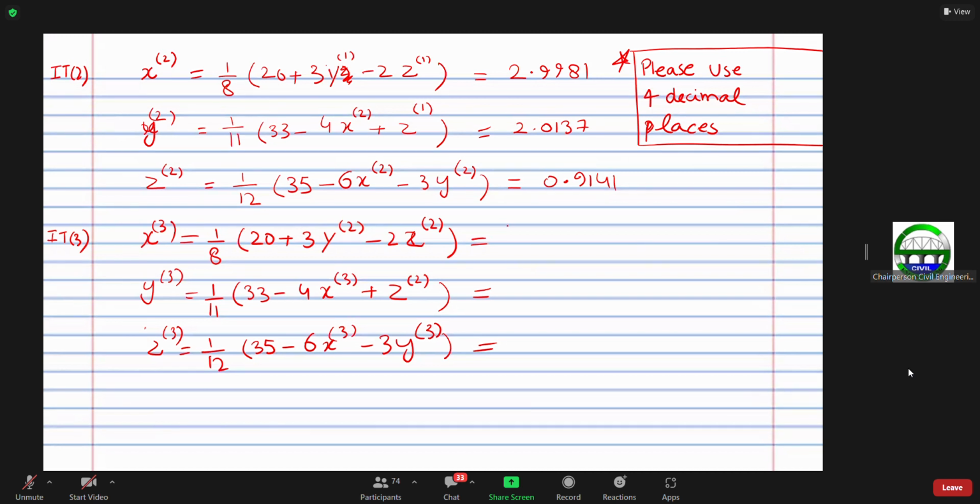So let me write 3.0266 and 1.9825 and 0.9077. So these are the values.